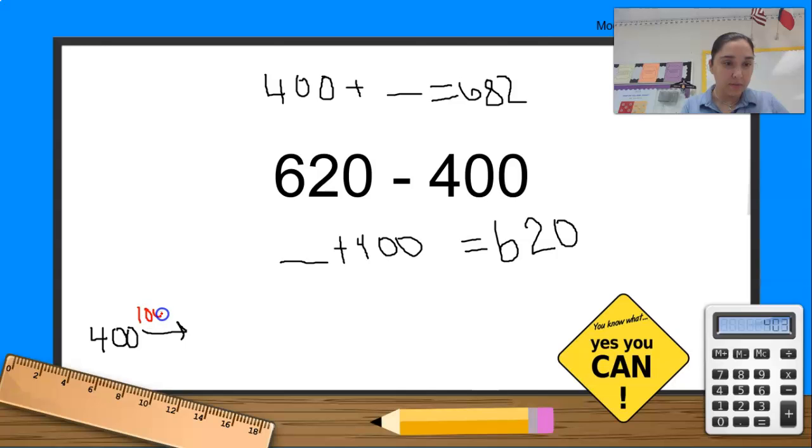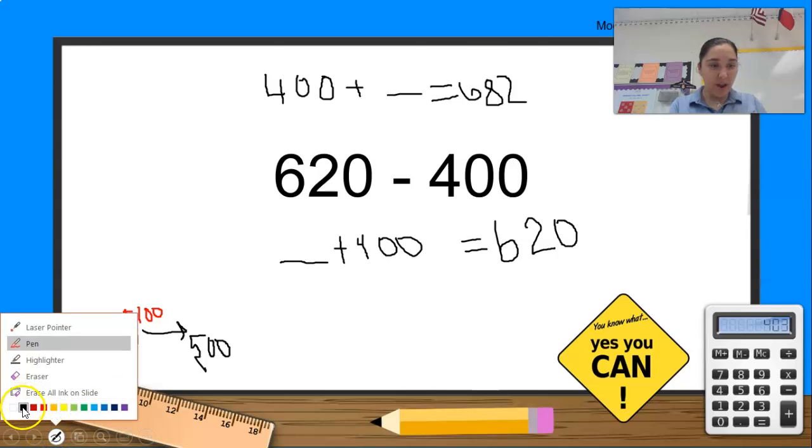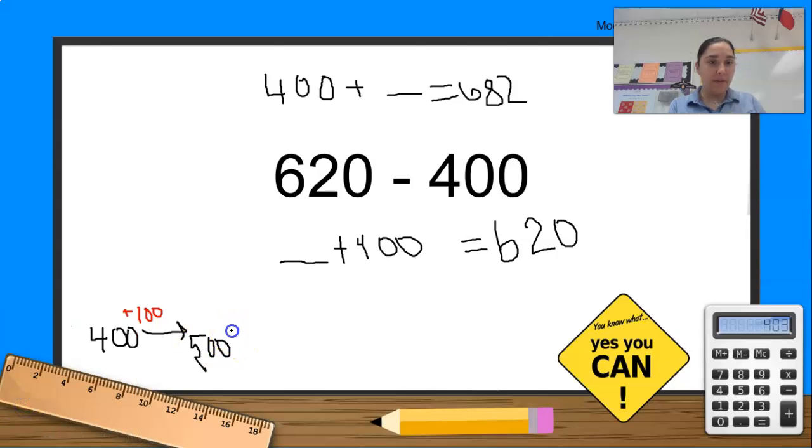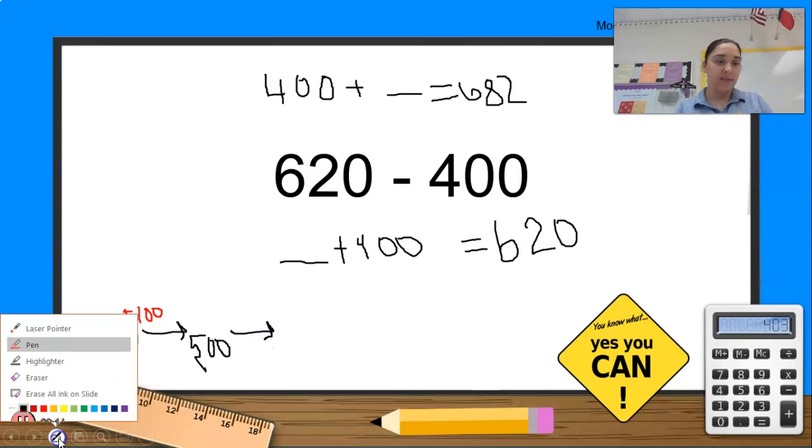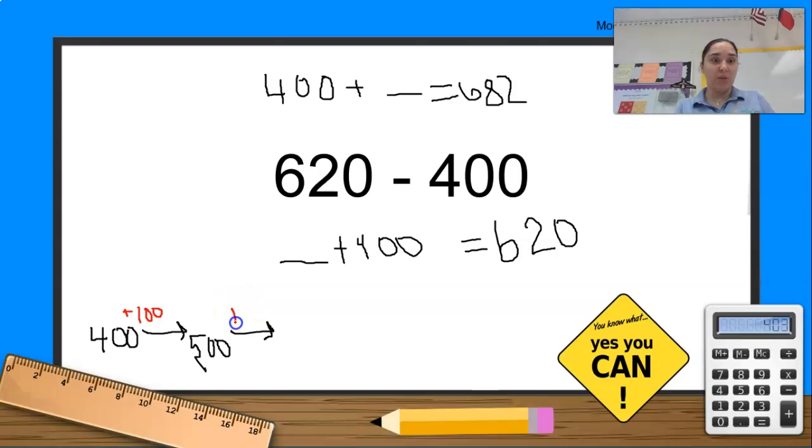Well, I can add 100. What's 400 plus 100? Yes, boys and girls, the answer is 500. Now, am I at 620? Nope. So now, 500 plus what number should I add next? Yes, boys and girls, plus 100.